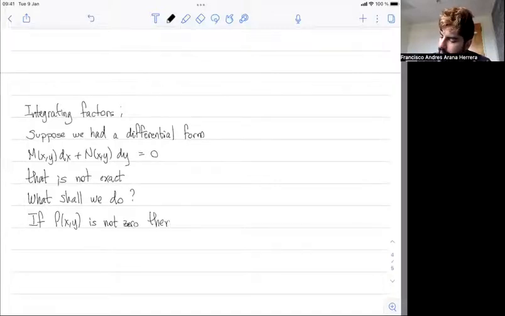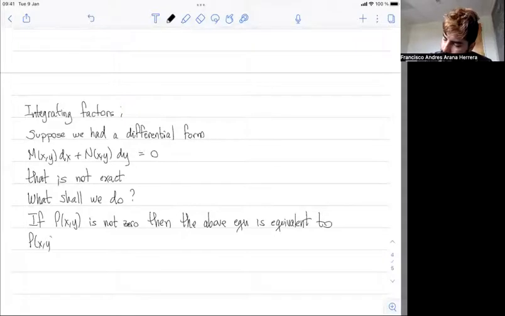then the above equation is equivalent to multiplying the whole equation by rho x,y. So it's equivalent to rho(x,y) M(x,y) dx plus rho(x,y) N(x,y) dy equals 0.